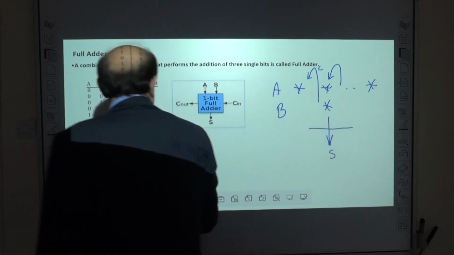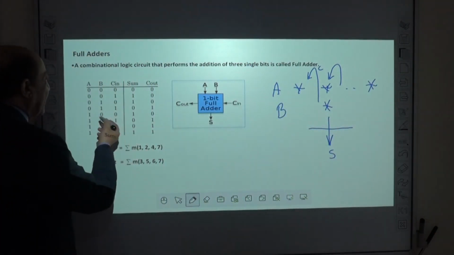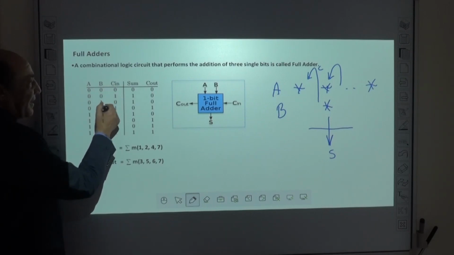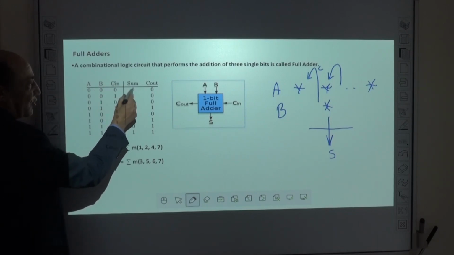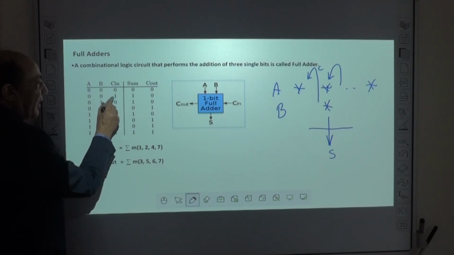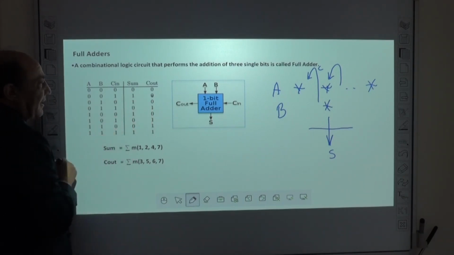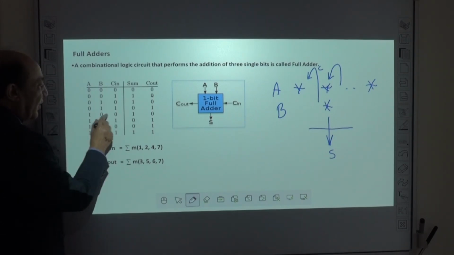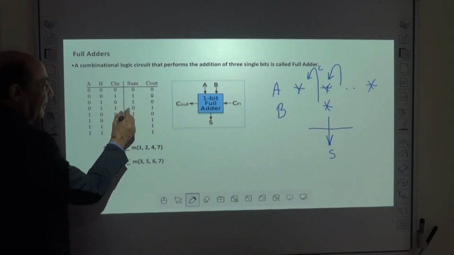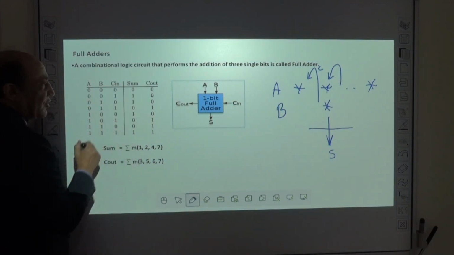The truth table for full adder: if we have inputs Ai, Bi, Cn, if we add 3 zeros, then sum 0 carry 0. 0, 0, 1, sum 1 carry 0, the same for 0, 1, 0, and for 1, 0, 0. But if we add 0, 1, 1, then the sum is 0 and the carry is 1.